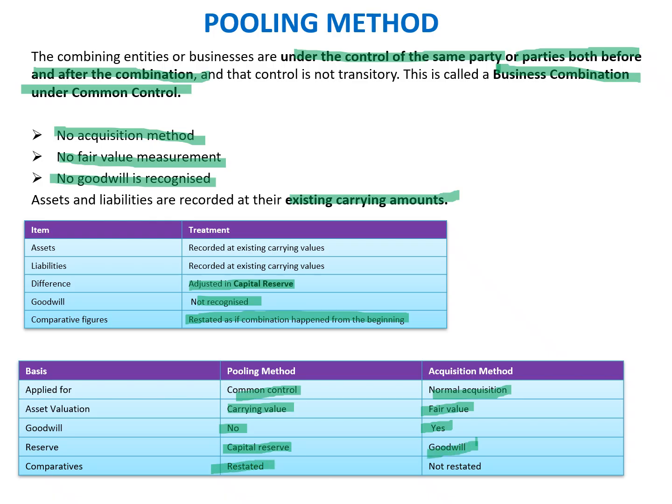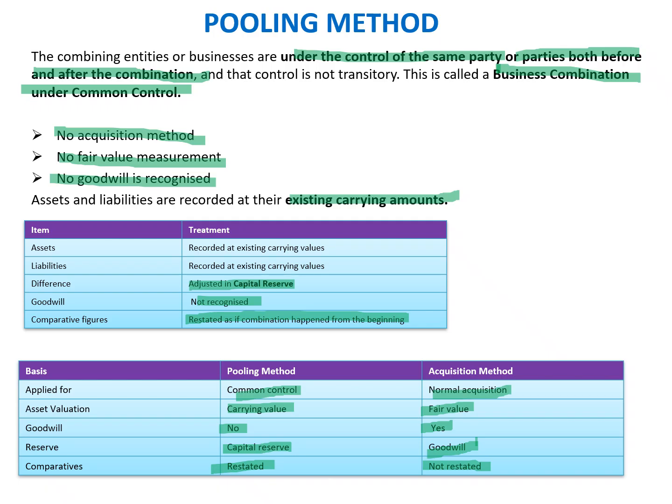Comparatives need to be restated whenever we are doing the combination through a pooling method, but they are not restated in the acquisition method, because that is a pure new business from the acquirer's standpoint. For a pooling method, it has to be done because it is just an arrangement. It's not like a business transfer.